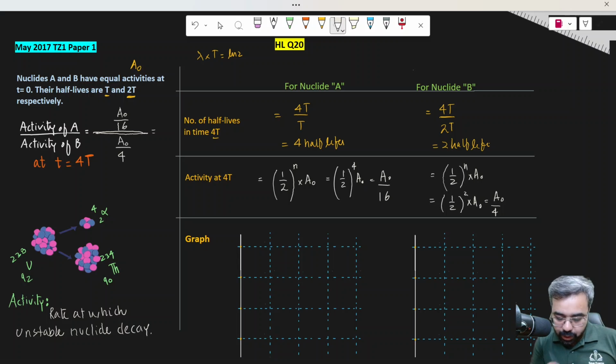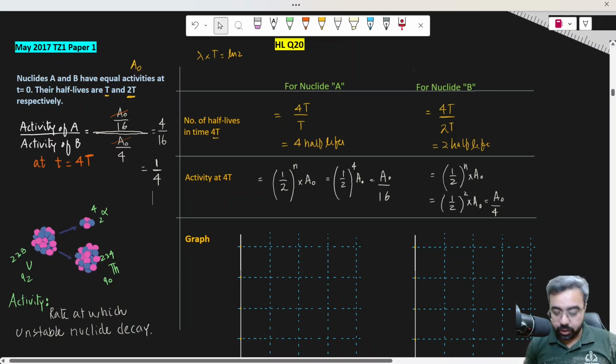A0 cancels out, so it can be written as 4 over 16, which equals 1 over 4. So the activity of A is four times less than the activity of B. Sorry, the ratio is 1 over 4, and the right answer is option D.